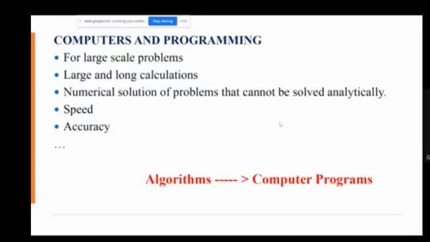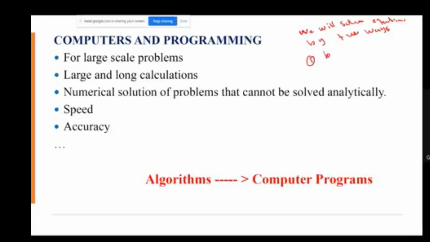Good. To solve problems by numerical methods, we will solve equations in two ways.